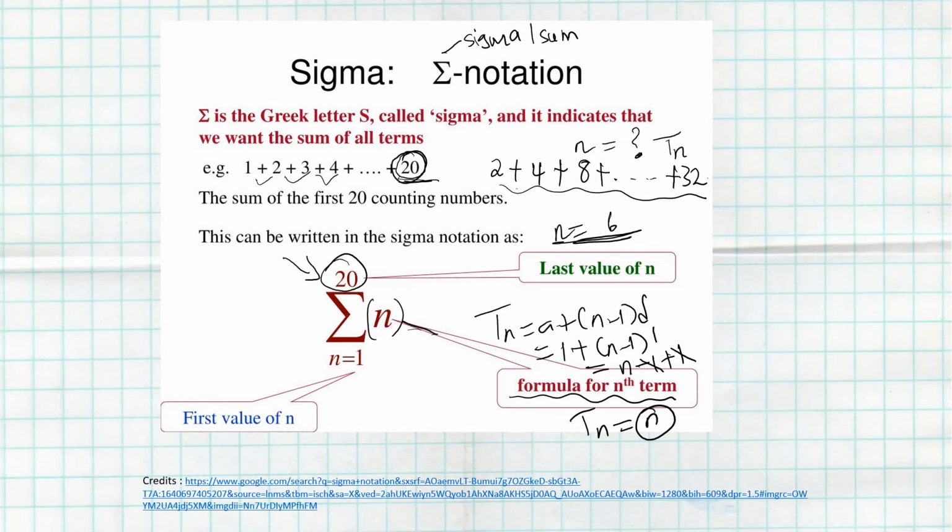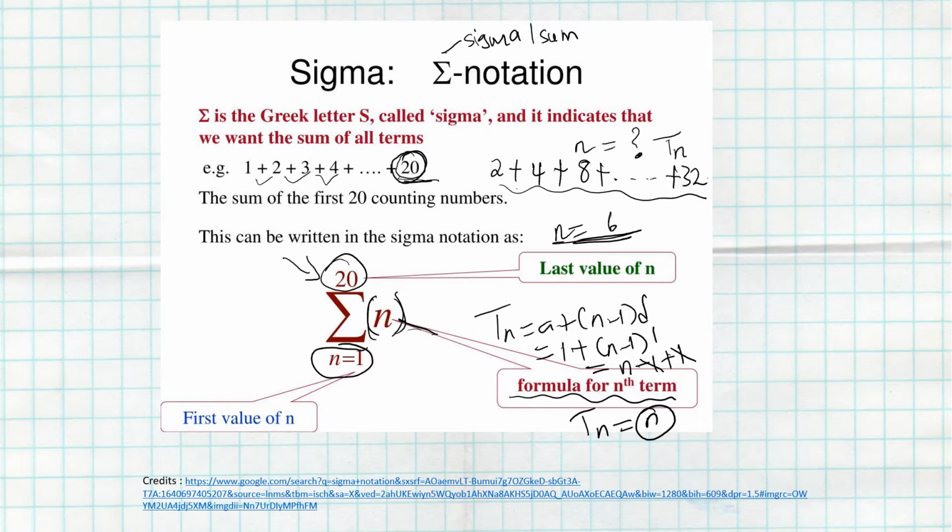That's why they put n there in the center. There you put your tn. Here you always use n equals 1, and on top you put the last value of n, to show how many terms are being added. So that's basically what you do.